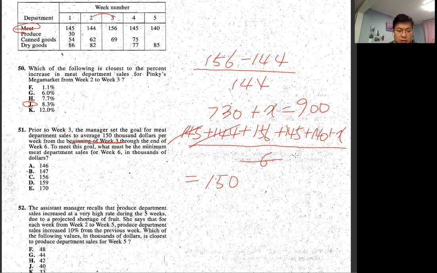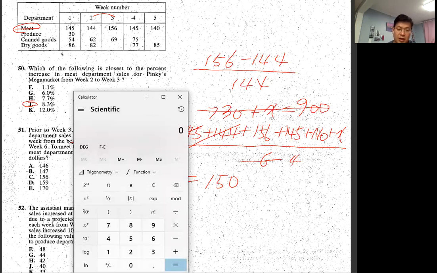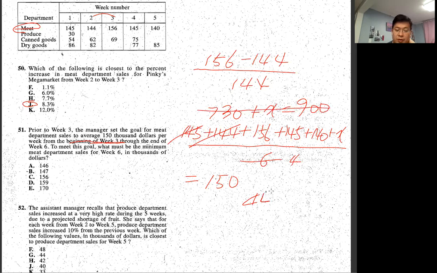So this is only 4. This is a good example of how you make mistakes, so I make a check. 441 plus x, divided by 4 equals 150. Not 900, 4 times this is now 600. So 159.